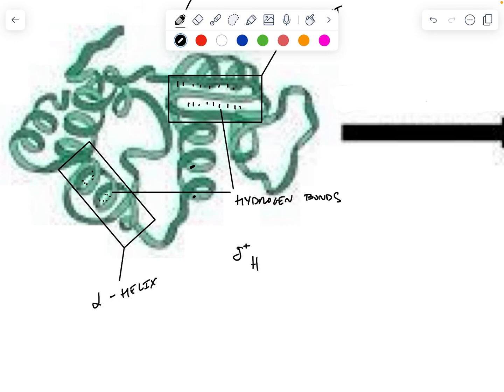And that slightly positive charge interacts with a slightly negative charge somewhere else. And we call this interaction a hydrogen bond.